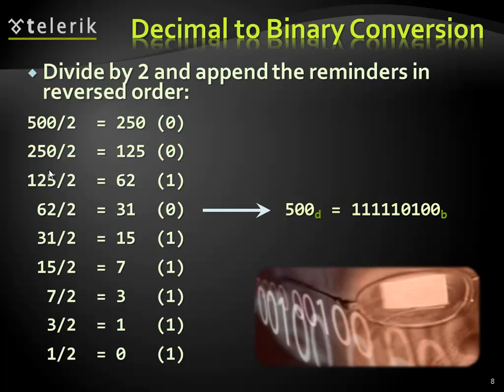Going back, we could actually divide the number by 2, and we can see if we have any remainder with the division by 2. We are going in the opposite direction.